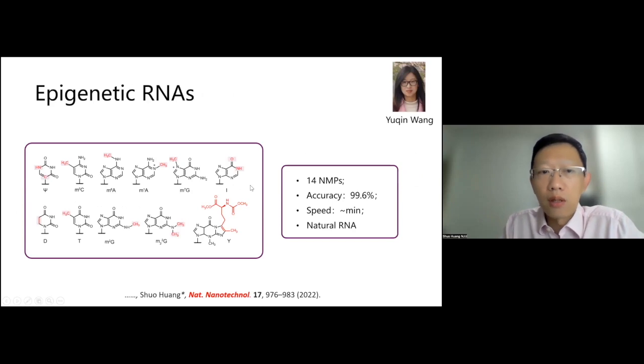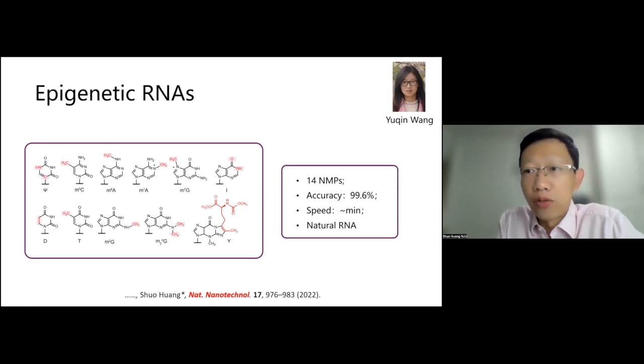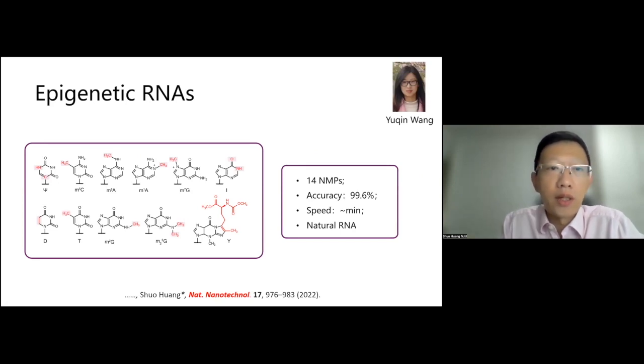And with this kind of high resolution, what else can we do? I learned a lot from Chen Qi from Peking University that RNA is heavily epigenetically modified, and there are so many different modifications. But from the market, we can only get 14 NMPs as standards. They are basically pure chemical compounds so that you can test the base.